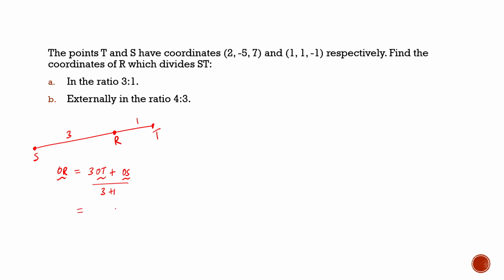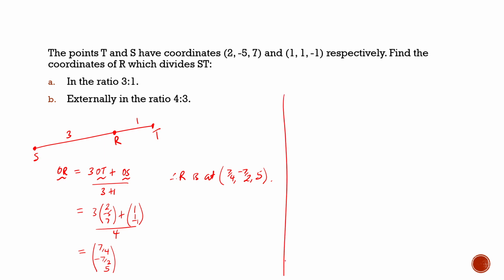This is going to be 3 times the position vector of T, 2, -5, 7, plus 1, 1, -1, divided by 4, and that gives us 7 over 4, -7 over 2, and then 5. And of course you have to write this as coordinates. So you'd say therefore R is at 7 over 4, -7 over 2, 5, unless you've been asked for the position vector.